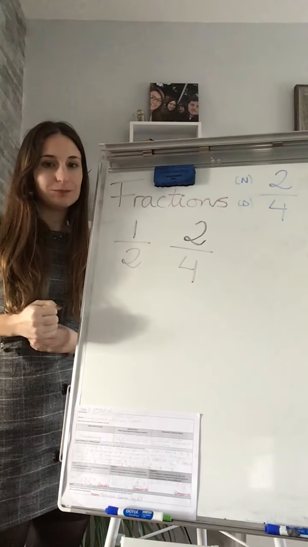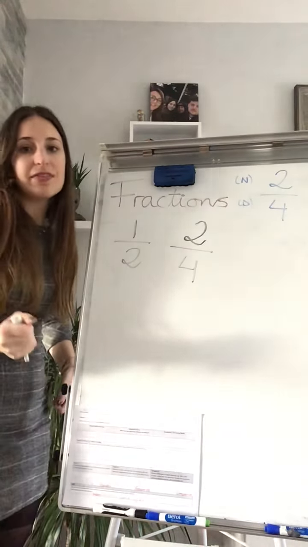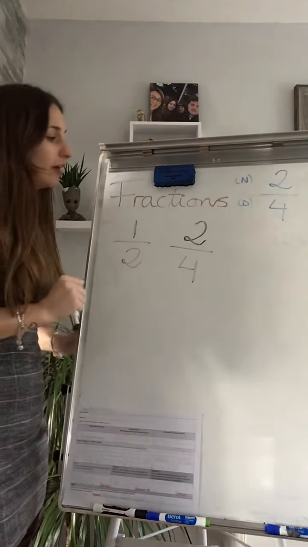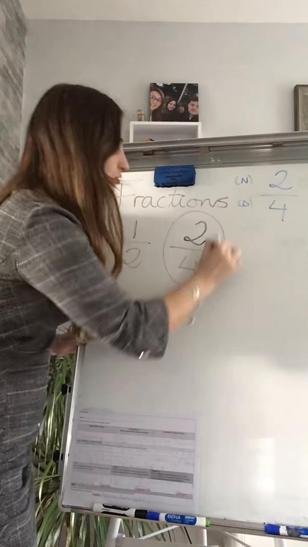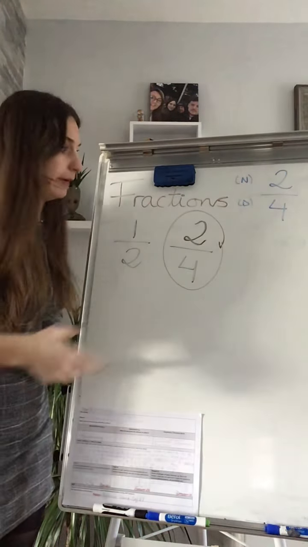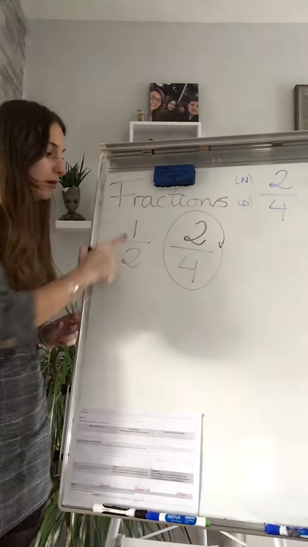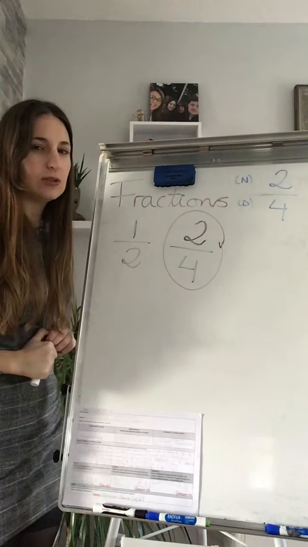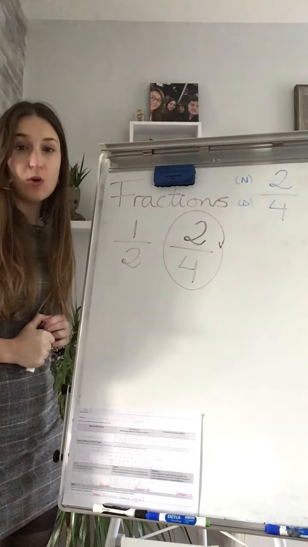Have a good think. Okay, I think that I'm going to eat 2 quarters, because I'm going to eat 2 bits of my chocolate bar when the other person is only going to eat 1.